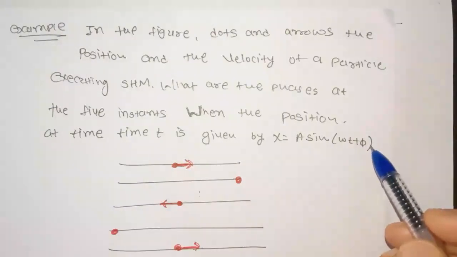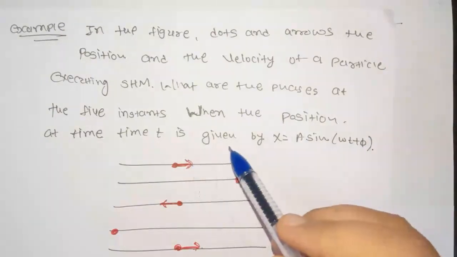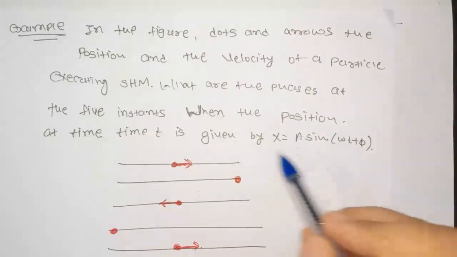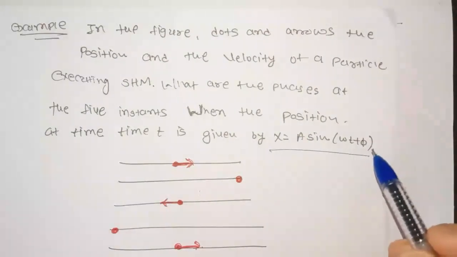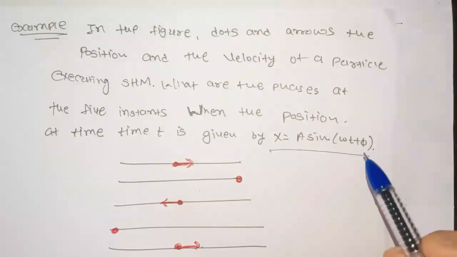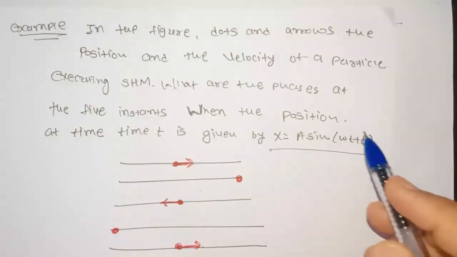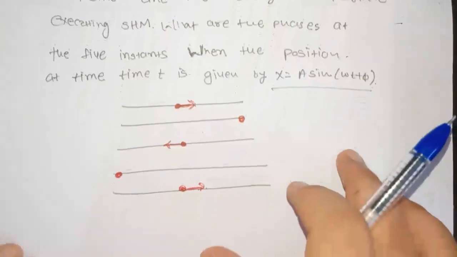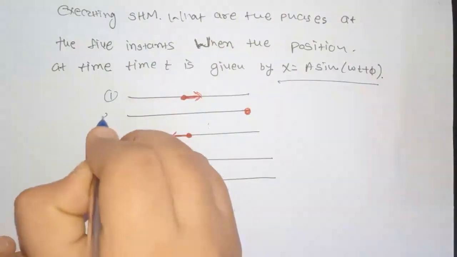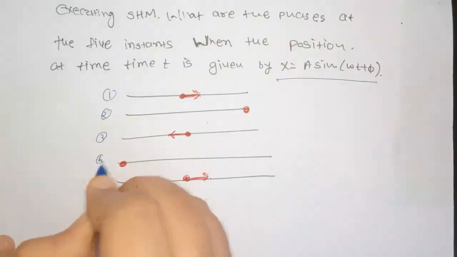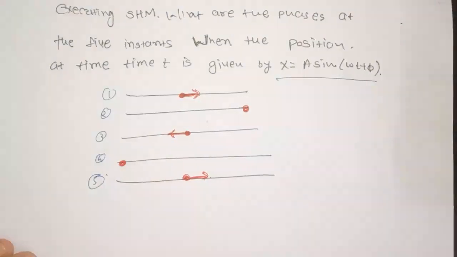We want to find the phase at given points. The equation is given by a sine of omega t plus phi. Now let us start one by one. This is first case, second case, third, fourth and fifth.